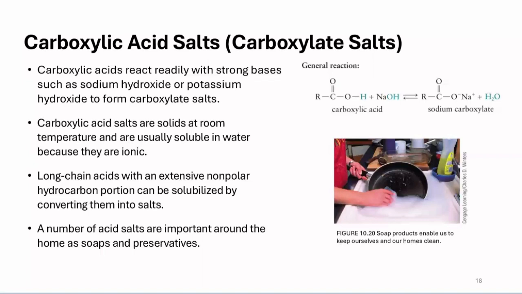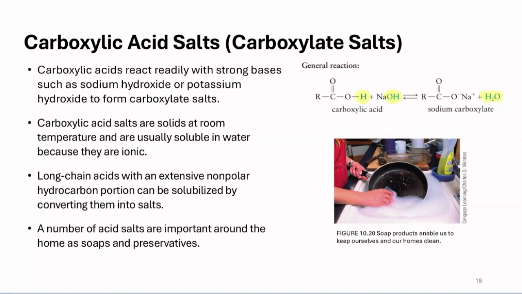We can see the general reaction on the right side of the slide. Since the carboxylic acid is acting as a weak acid, the base is acting as a base, specifically the hydroxide group in this ionic compound will be combining with the hydrogen in the carboxylic acid, and that's what forms the water.